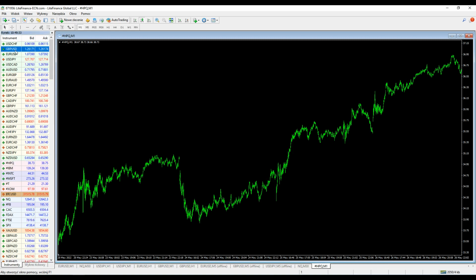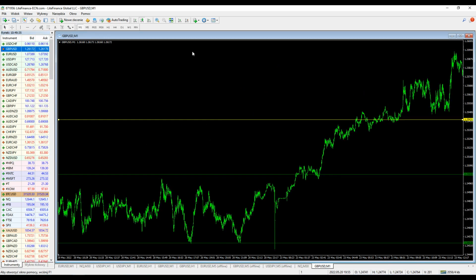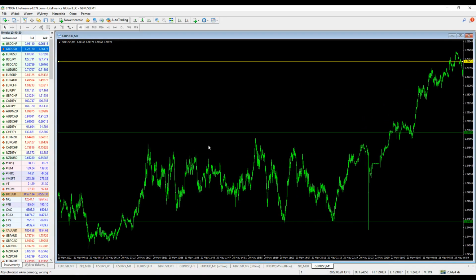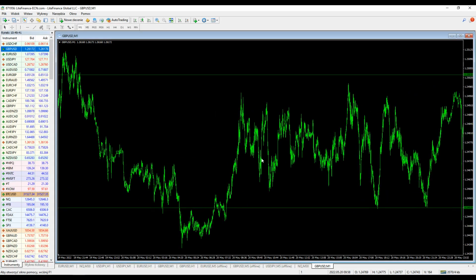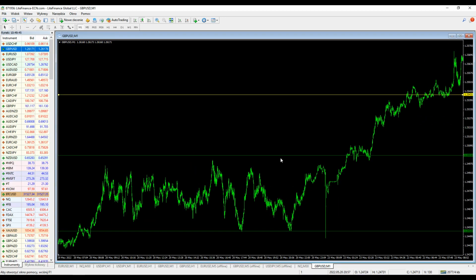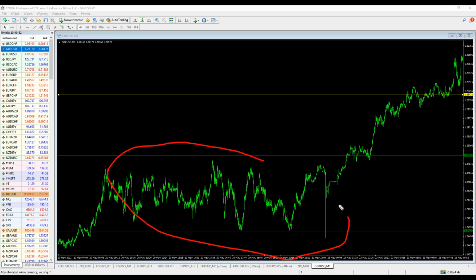Looking for some better price action like this, all right? It's not going to be the greatest example, but after the breakdown below the yellow, you want to see some kind of consolidation and a retest of the yellow.